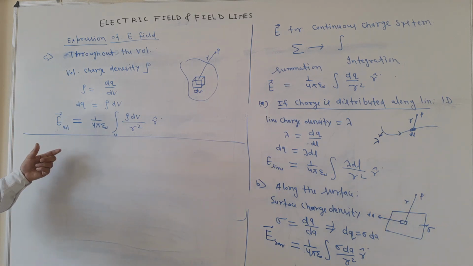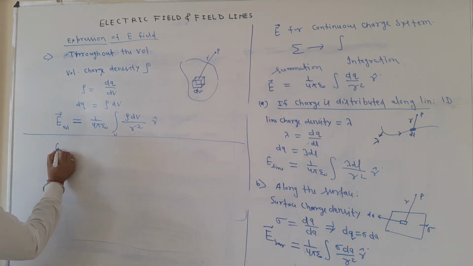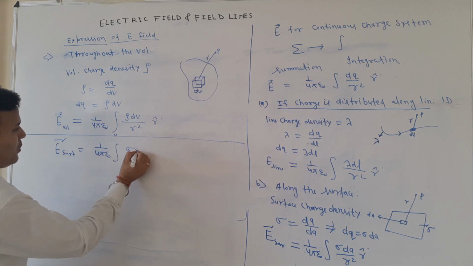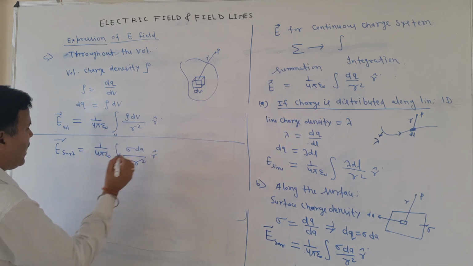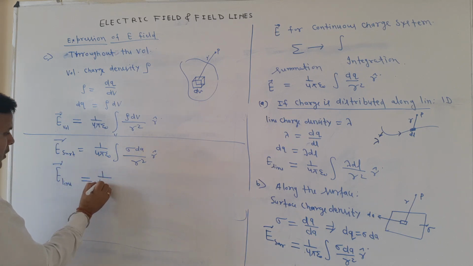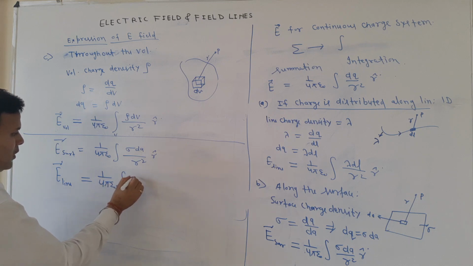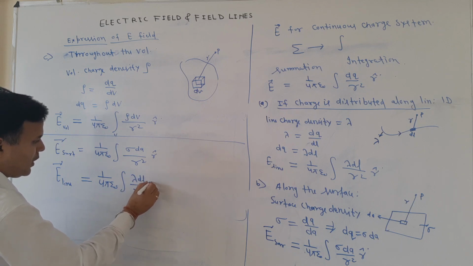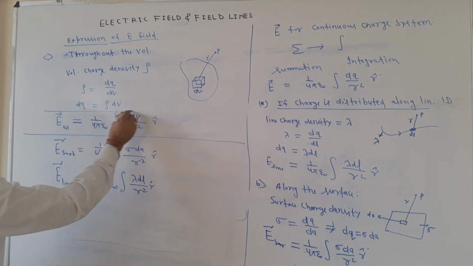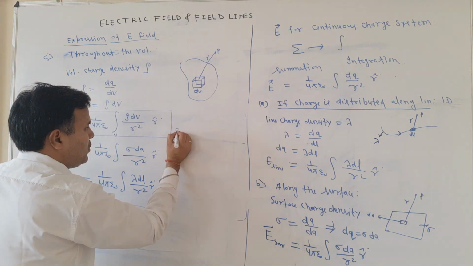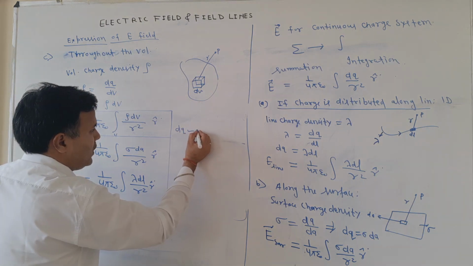But in this case we have three different profiles: E volume, E surface, which is 1 upon 4 pi epsilon 0, sigma dA by r square, r cap, and E line, with lambda dl by r square, r cap.